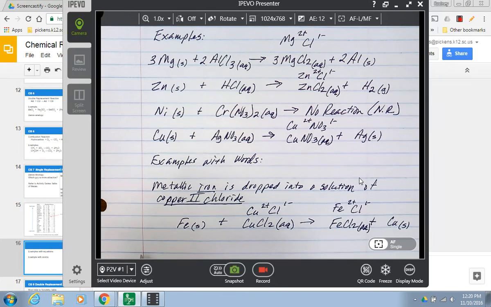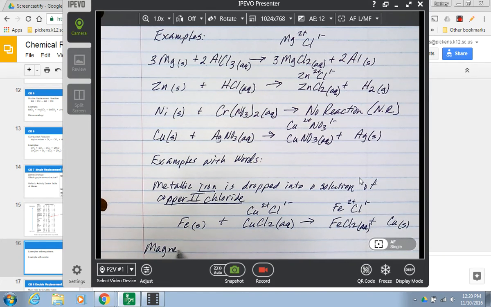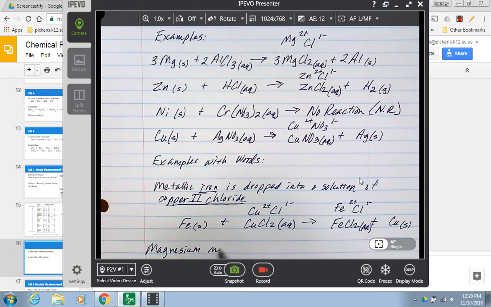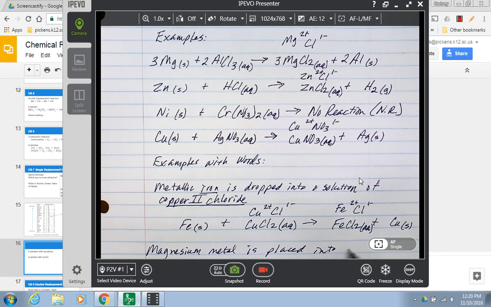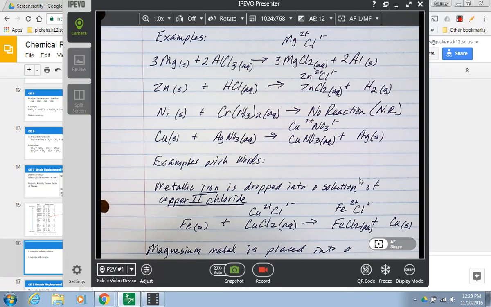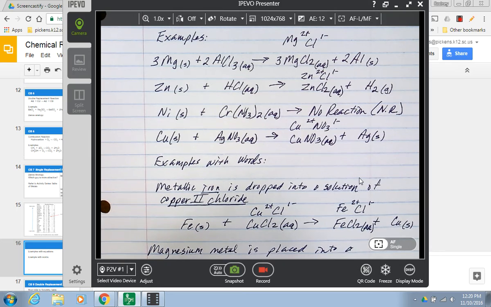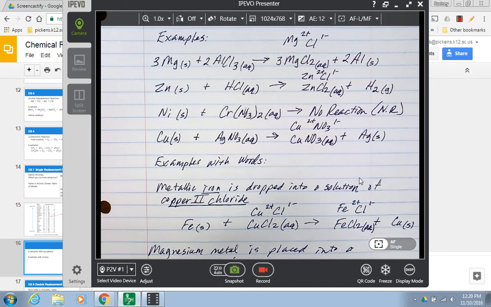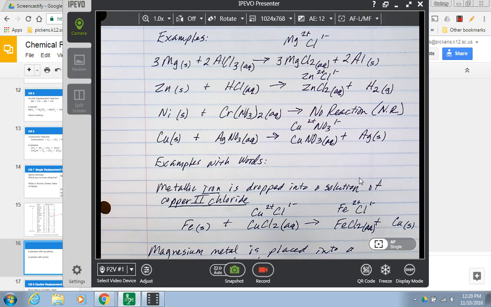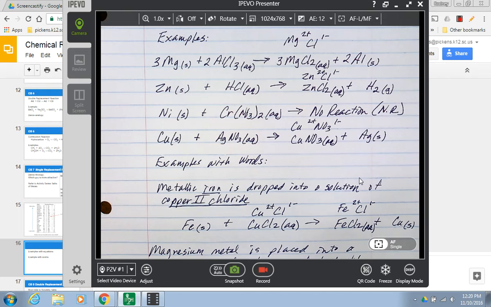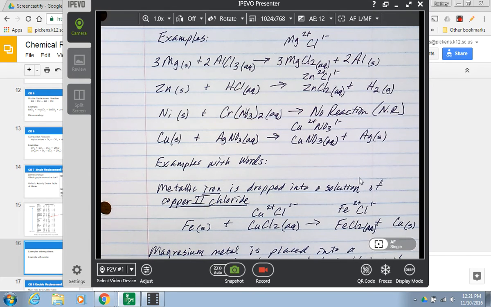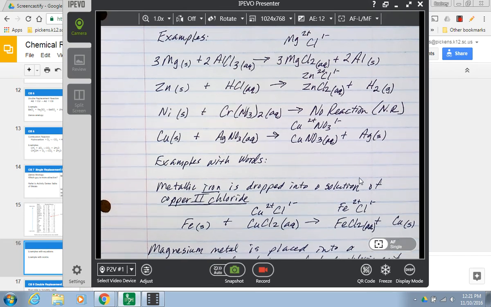All right, let's do another one with words. This one is magnesium metal is placed into a concentrated solution of hydrochloric acid.